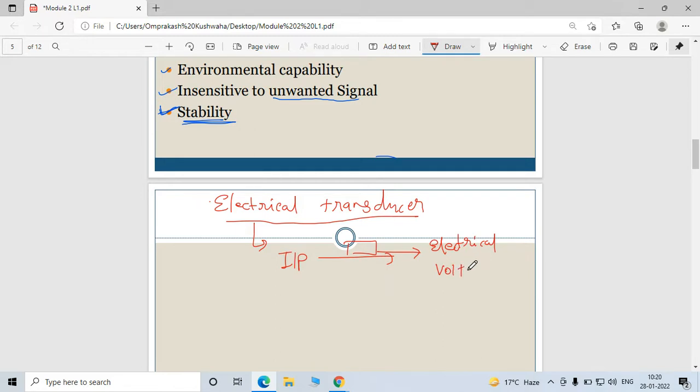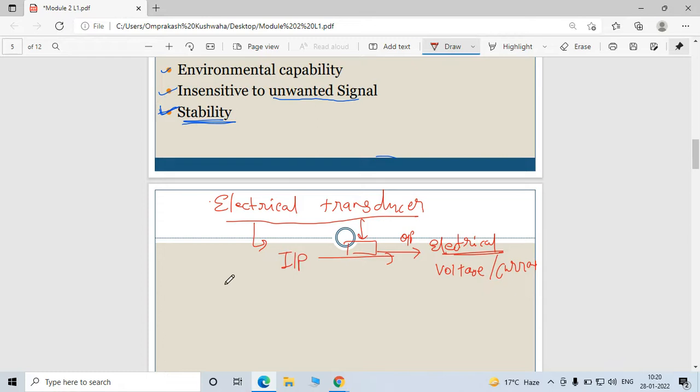For example, voltages and current. So this is your output in electrical terms, which is nothing but voltage and current. This is your electrical transducer.